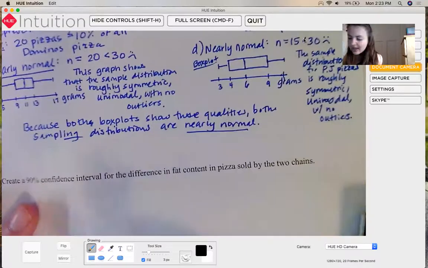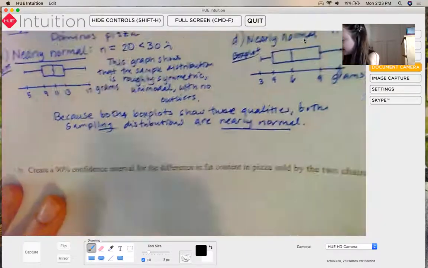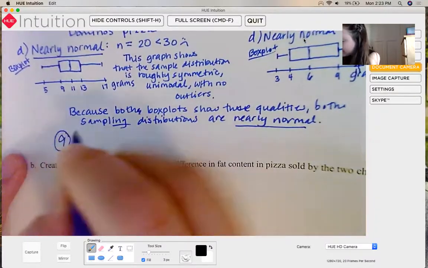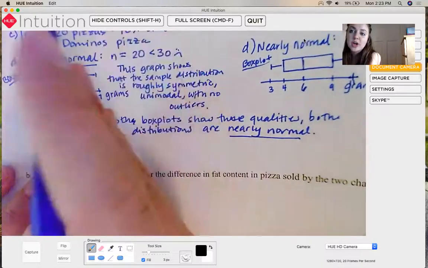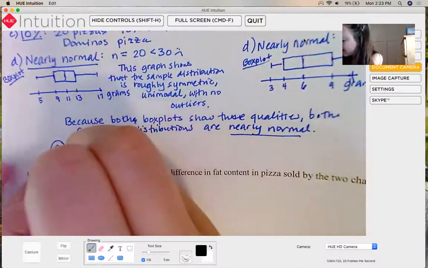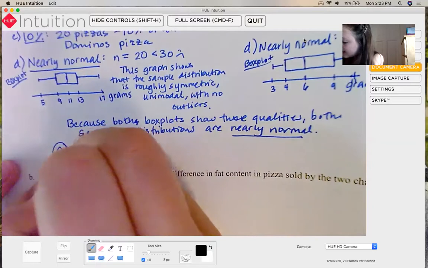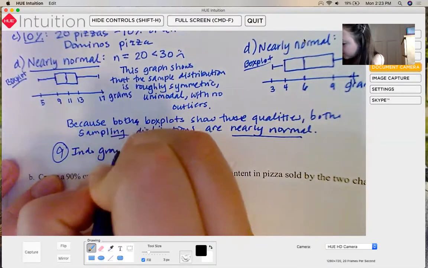Great. And let's not forget our number 9 condition. So number 9, and that is we want to make sure that our pizza chains are independent of each other, okay? So number 9 is the independent group assumption.